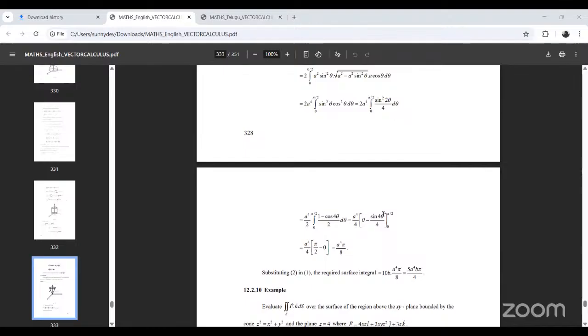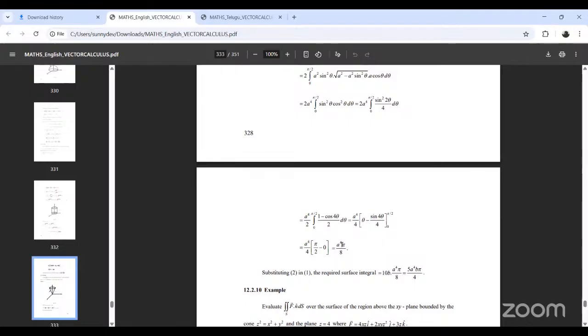Now sin square theta is 1 minus cos 4 theta by 2, and here 2 will be outside, a power of 4 by 4. Integration of 1 into d theta is theta, and cos 4 theta integrates to sin 4 theta by 4. Apply the limit 0 to pi by 2, then in place of theta we substitute pi by 2 and 0, and we get a power of 4 into pi by 8.